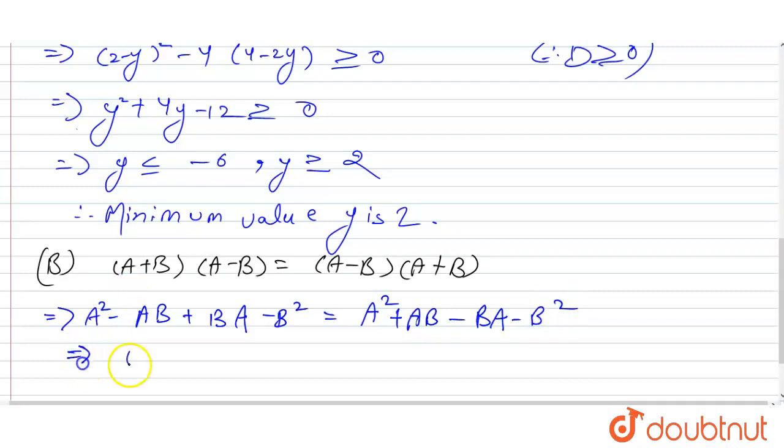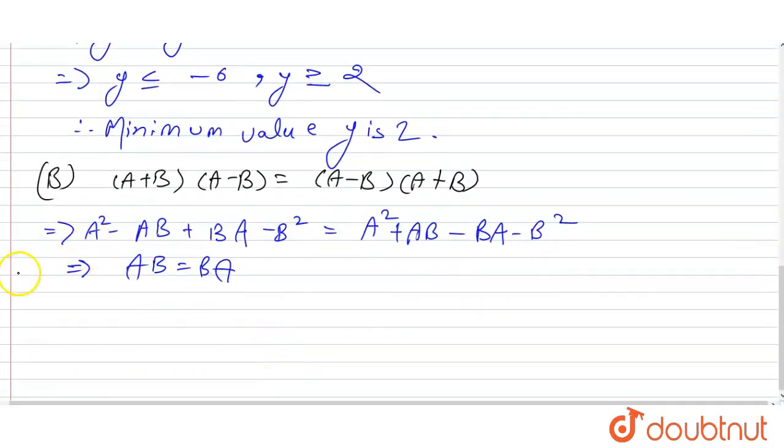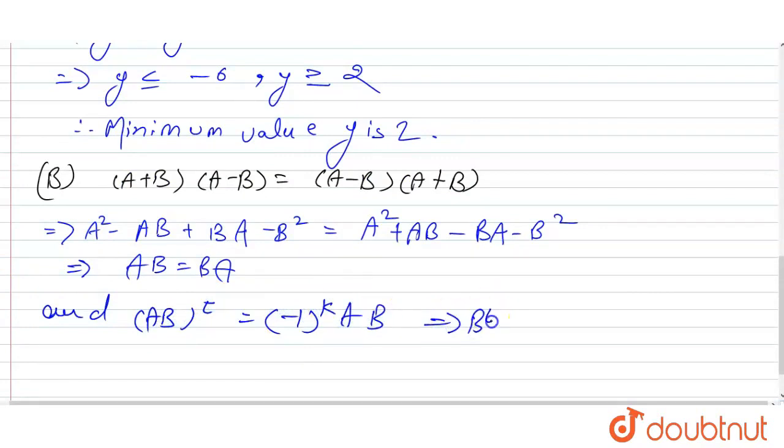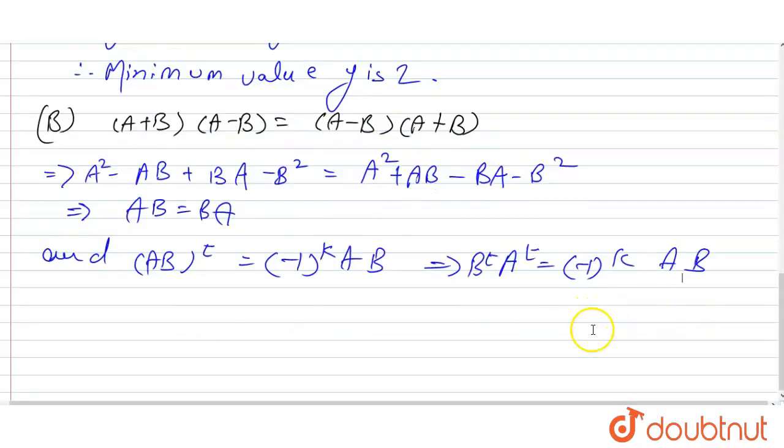Okay. So here we will have AB is equal to BA, right? And then (AB) transpose, which is equal to (minus 1) to the power k AB. That's why it will be B transpose A transpose, which will be AB, right?